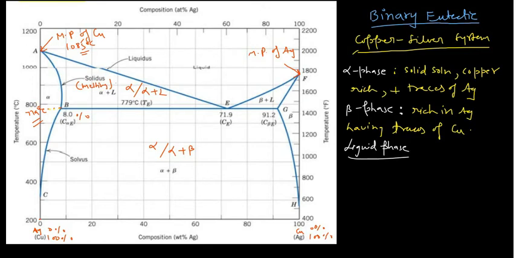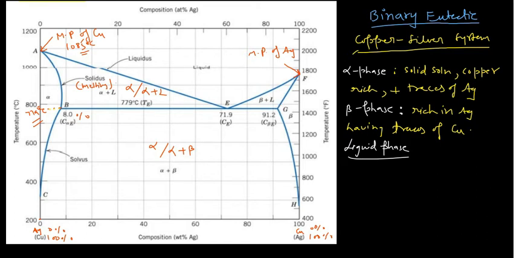And the maximum solubility of copper in the beta phase is at this particular point G. And here what would be the percentage? It is not clearly given here. Copper is present in trace form, so somewhere around 8.8% copper is there.